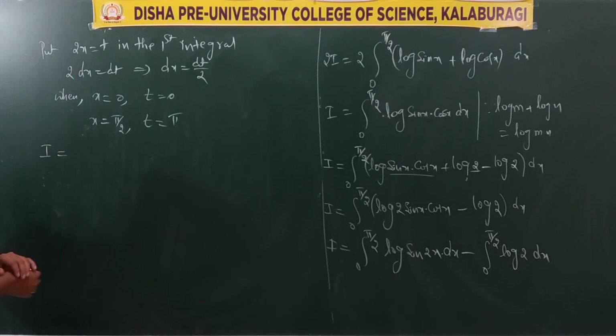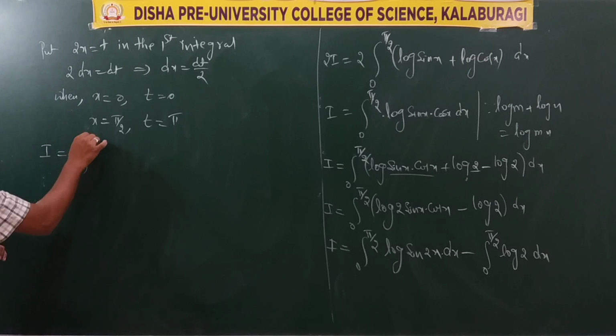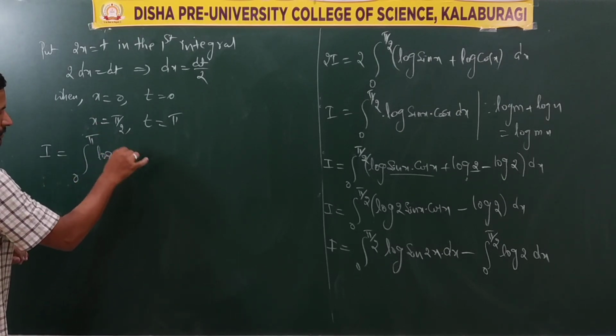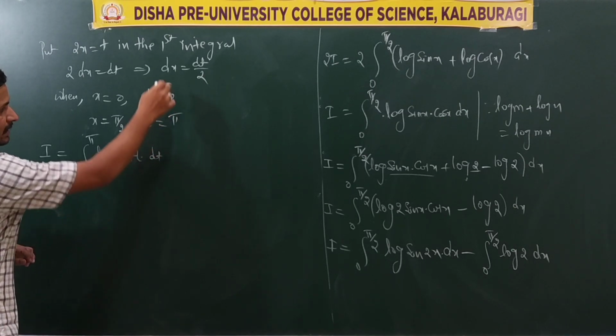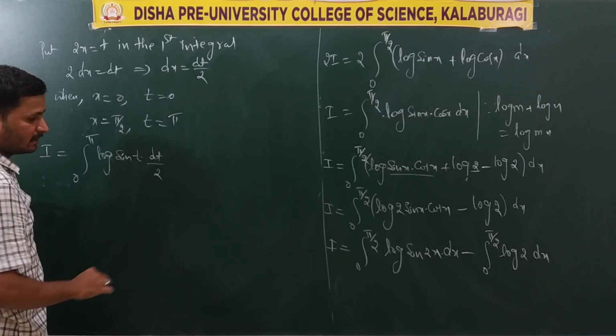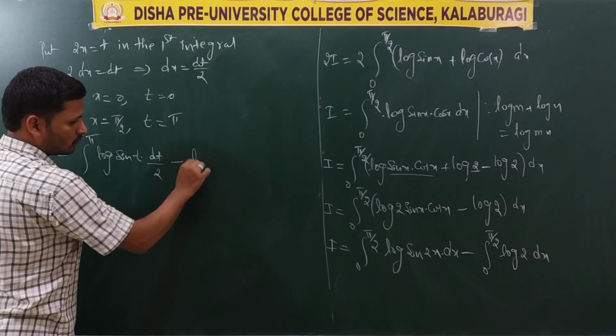Now the integral I from 0 to pi of log of sin t into dt by 2, because dx equals dt by 2.